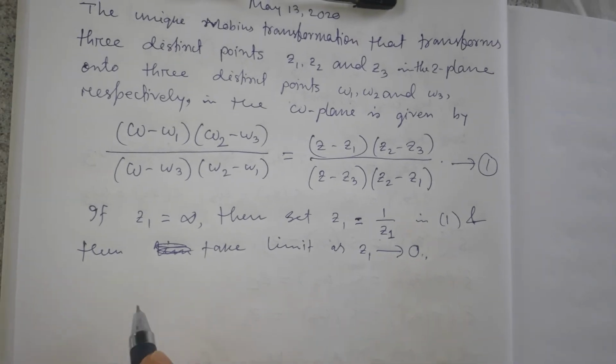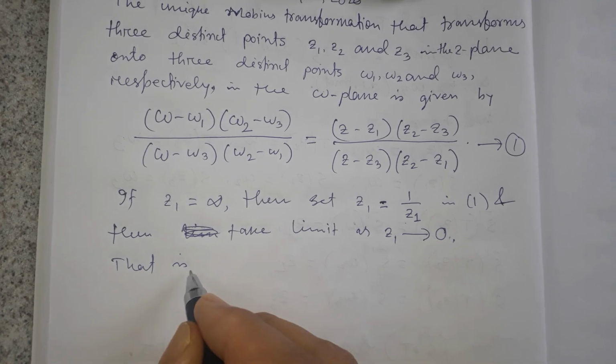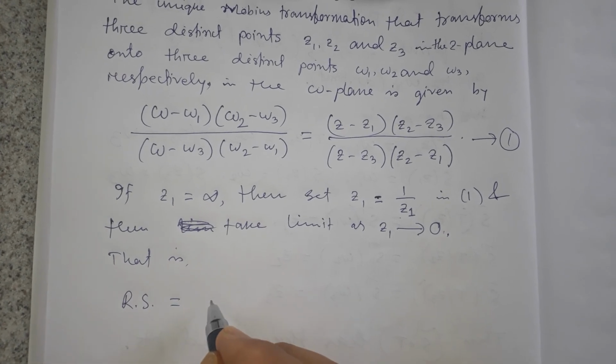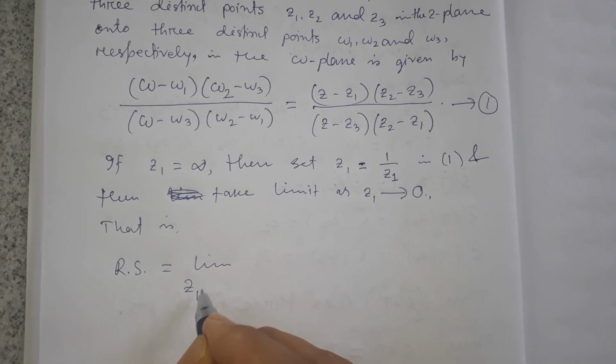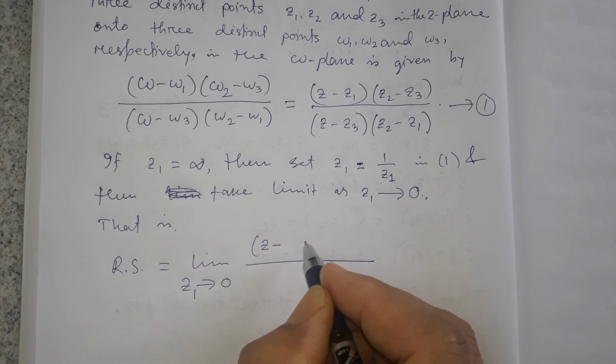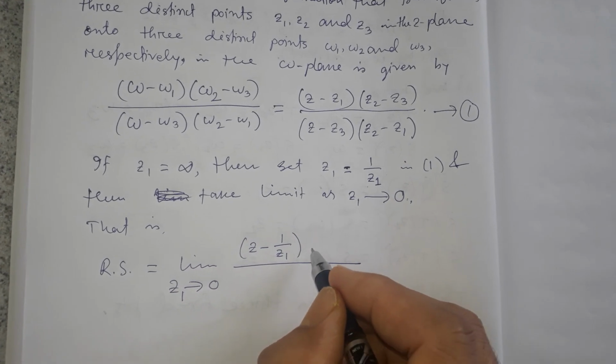So on the right hand side we have the limit as Z1 tends to 0 of (Z minus Z1)(Z2 minus Z3) over (Z minus Z3)(Z2 minus Z1), but in this case Z1 is infinity, so we put Z1 equal to 1 over Z1.